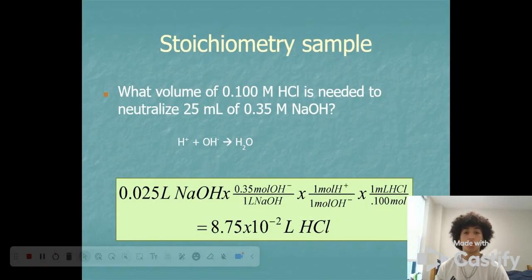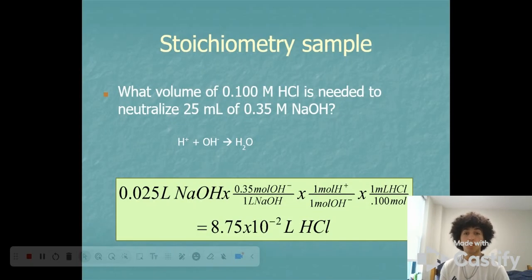Step 1. The moles of OH- is 0.025 liters, because we have to convert from milliliters, times 0.35 molar equals roughly 0.00875 moles OH-. The next step is to write the net ionic equation. H+ plus OH- yields H2O. The mole ratio here is 1 to 1.